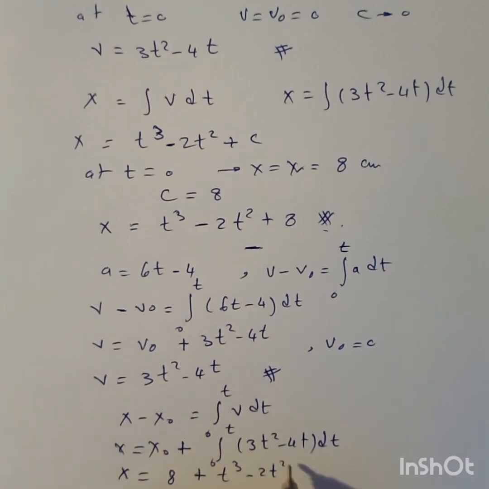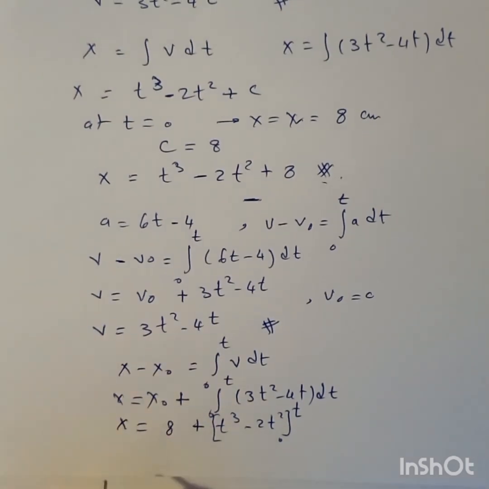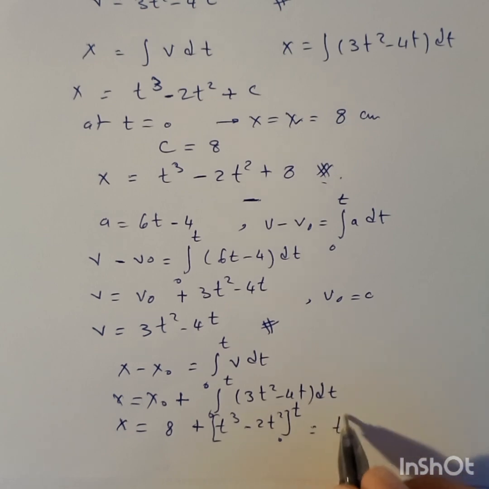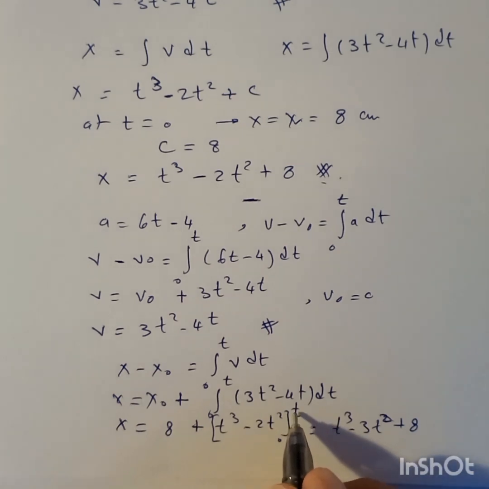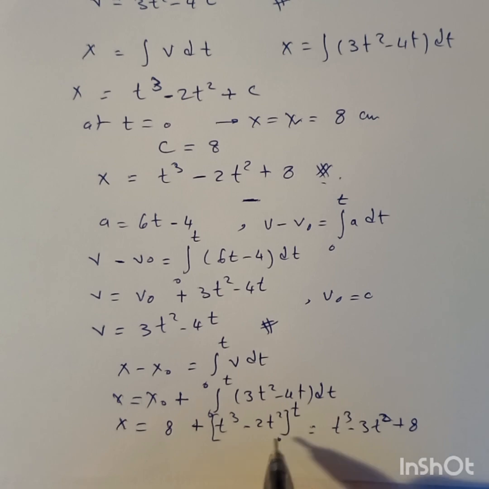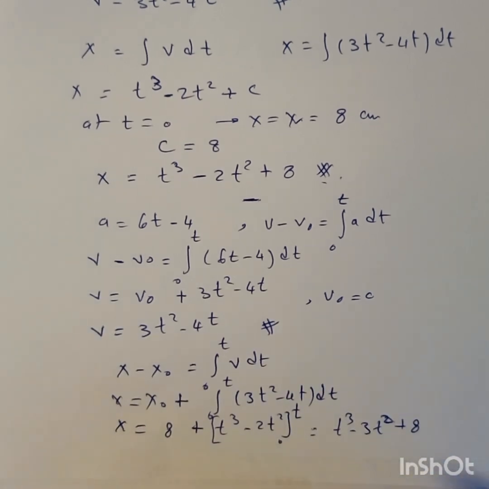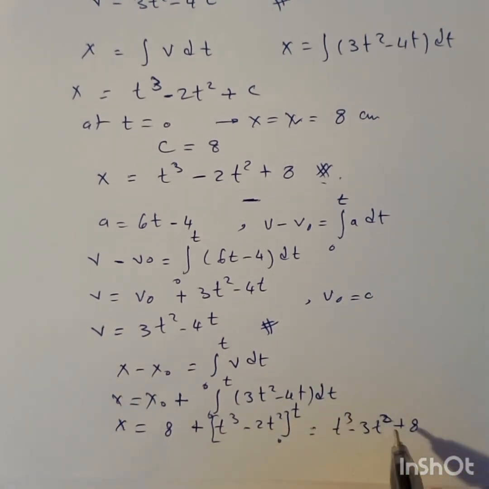Of course we have to substitute from 0 to t, and we will not add a constant here as the constant is expressed in this 8 meter given as x naught. Then we have x equals t power 3 minus 2t square plus 8 meter, and this is required to find.